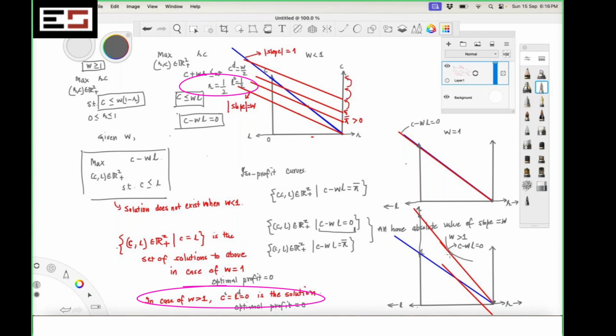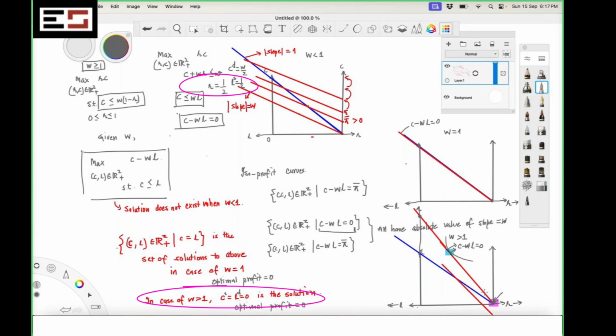This is obvious from the picture, because given this budget line, Crusoe will choose a point here. He's not going to choose this point. This is on a lower indifference curve for Crusoe. This is the highest indifference curve passing through the budget line. The firm has chosen this point, Crusoe is choosing this point.